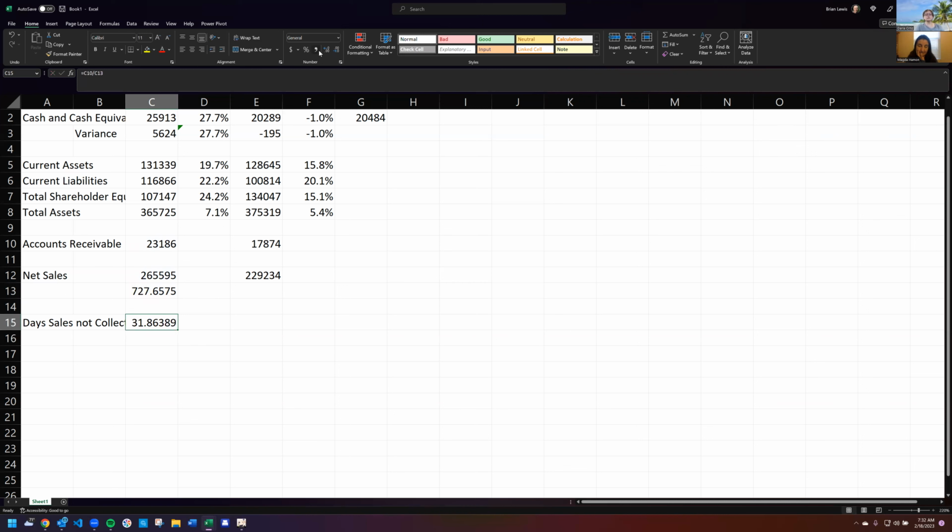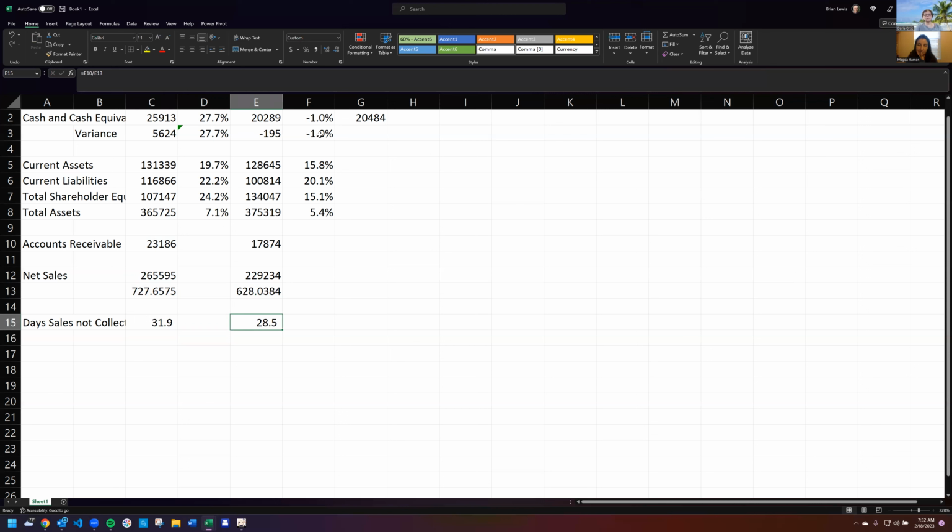If I make this to a number, we should be able to then replicate the real formula here in just a second. Okay, so this is the Brian Lewis formula for breaking it down and understanding it theoretically instead of just looking at the formula.